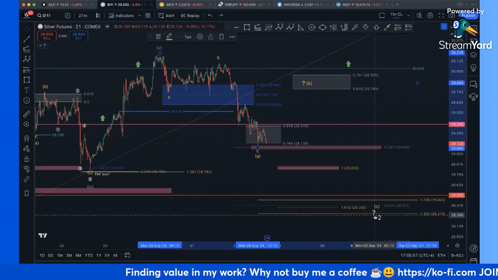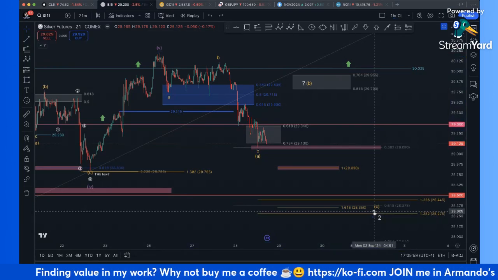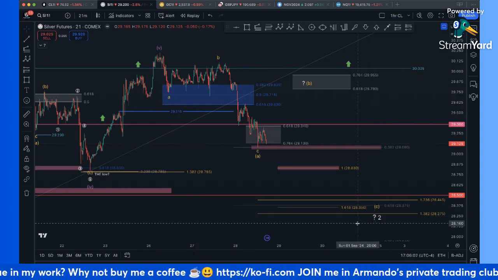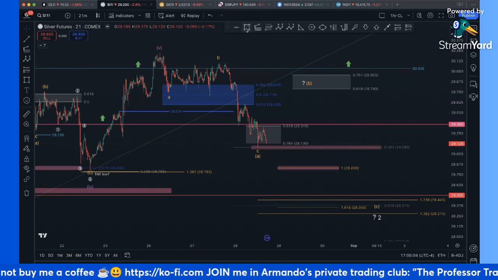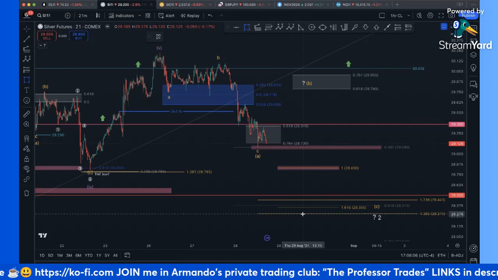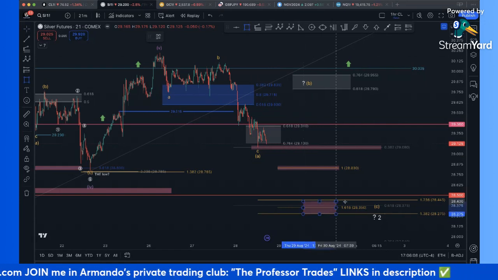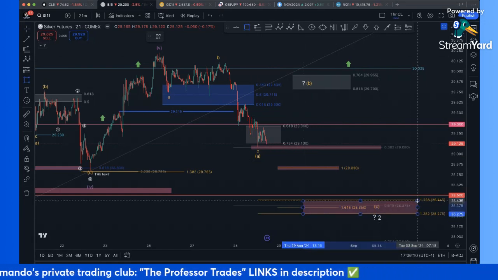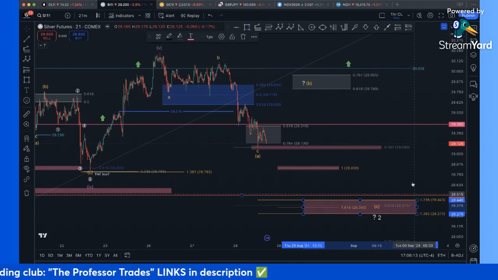So if price is going to give us a bounce in the next day or two, correctively, and then fail, I'll be looking for something down in this area right here.